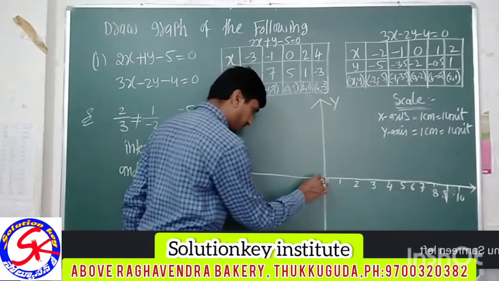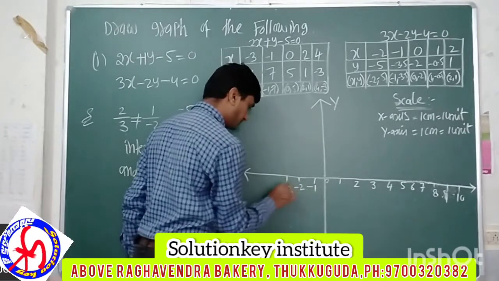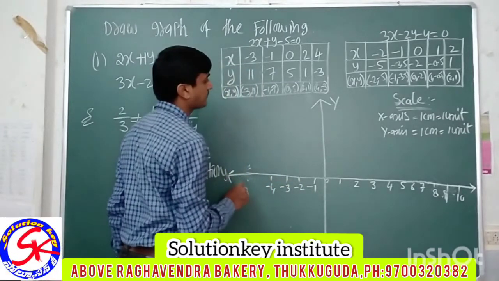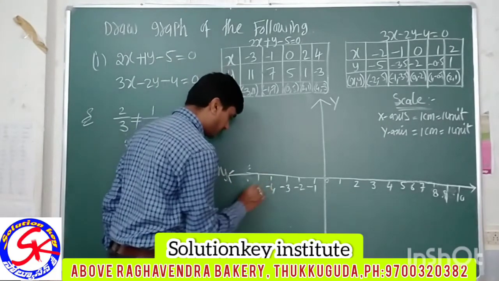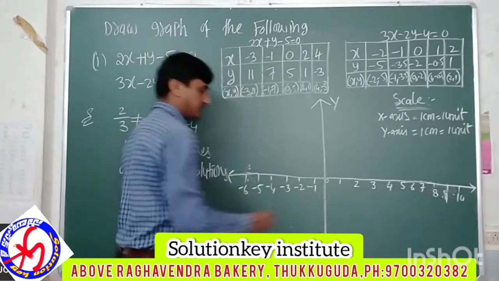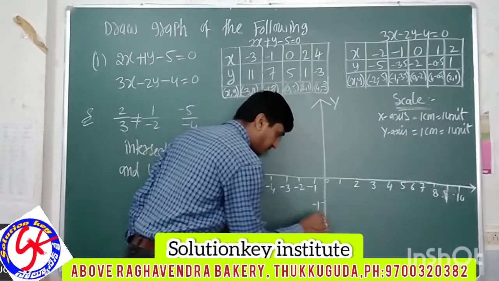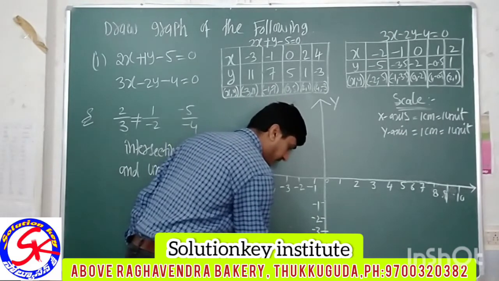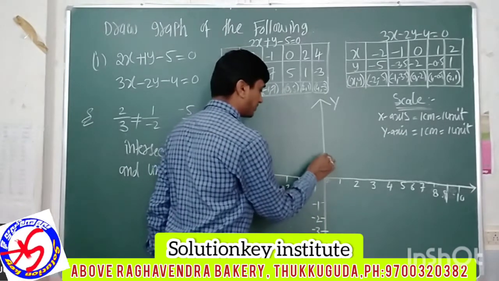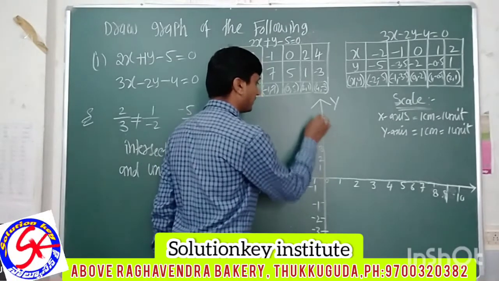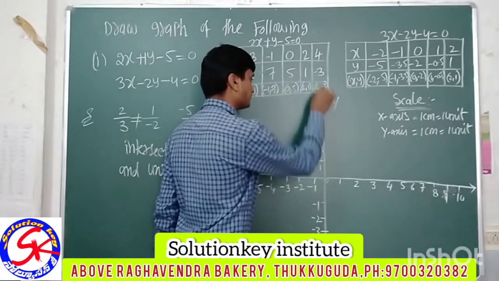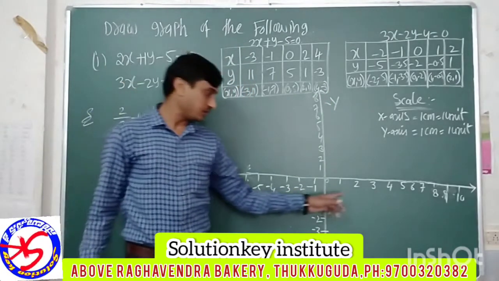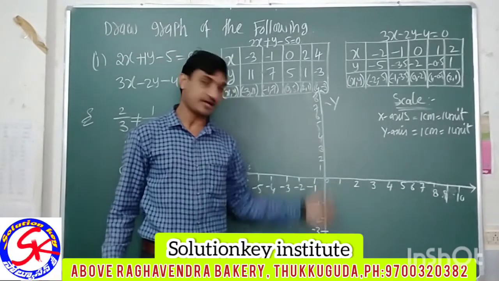Here also I am taking some negative values: minus 1, minus 2, minus 3, minus 4, minus 5, minus 6. Then here also some negative values: minus 1, minus 2, minus 3, minus 4, minus 5 and minus 6. Then positive numbers 1, 2, 3, 4, 5, 6, 7 and 8. Then your complete scale is there on x-axis and y-axis.